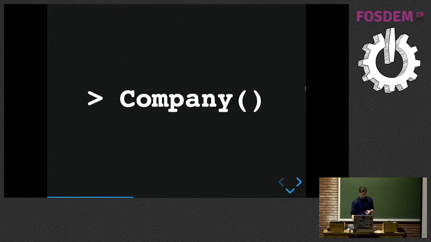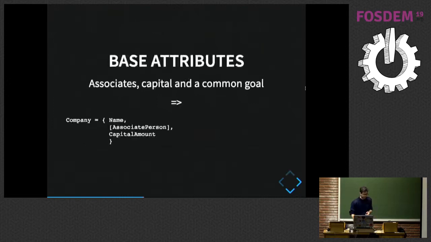I'll start really from the basics, and that will be most of what I explain during this talk. The base attributes of the company, as I wrote in some pseudo code, are a name, a list of associates or founders, and an amount which is allocated to the company, which is usually called capital.